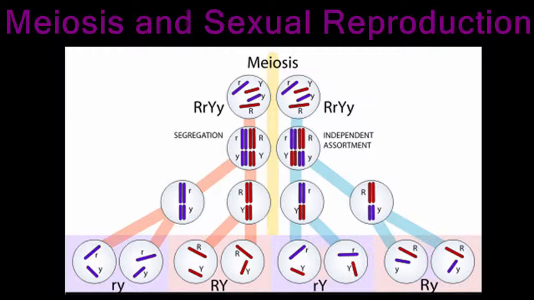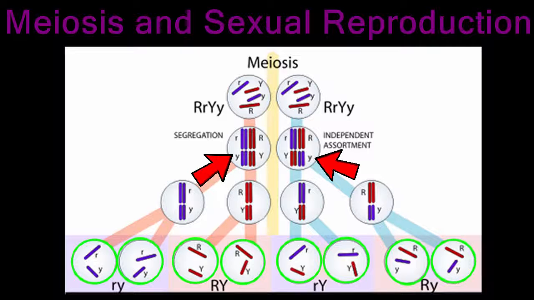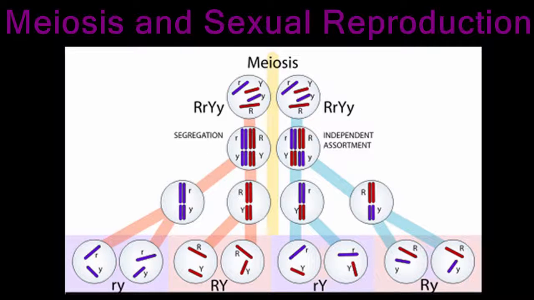Meiosis results in a huge amount of genetic variation amongst the cells it produces. First of all, the way the homologous chromosome pairs line up during metaphase 1 is completely random, so each time an organism performs meiosis, the chromosomes could line up differently. In this example, we're looking at a hypothetical organism with 4 chromosomes in each of its cells.